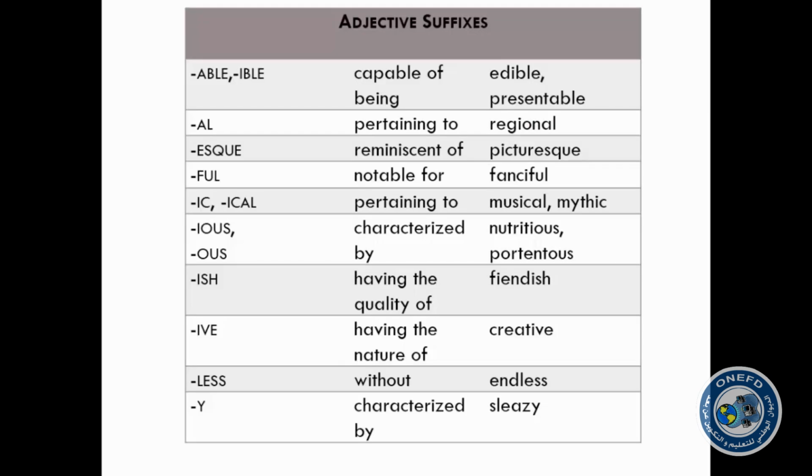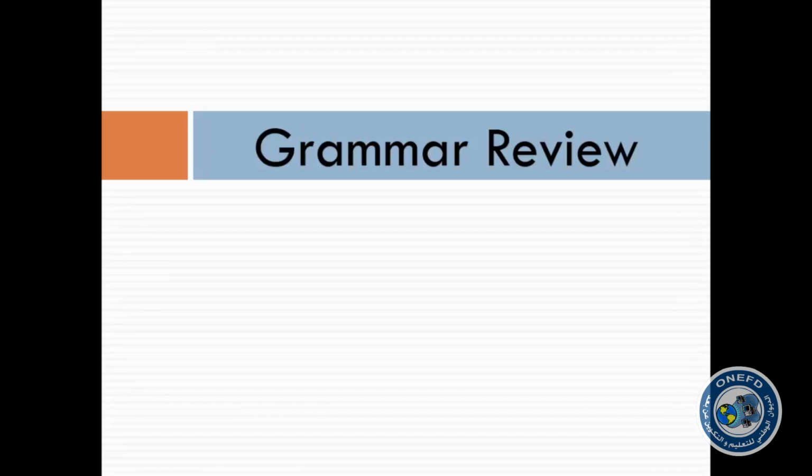The last list is adjective forming suffixes. Feel free to pause the video in order to take notes or take what you need. So let's move on to the next part of our lesson, which is grammar review.